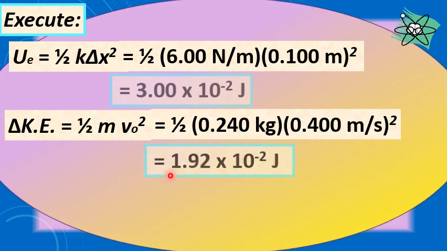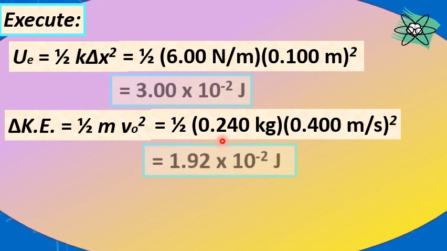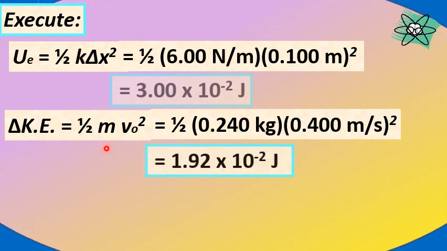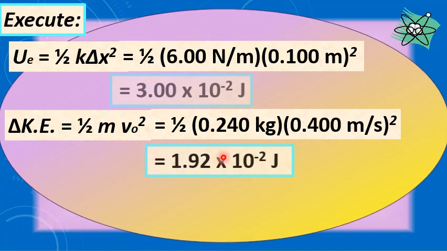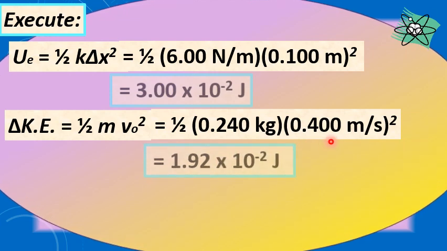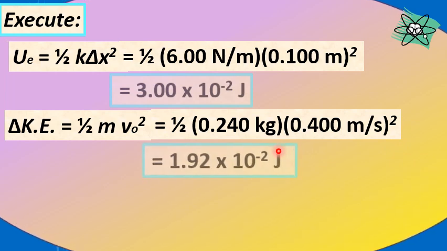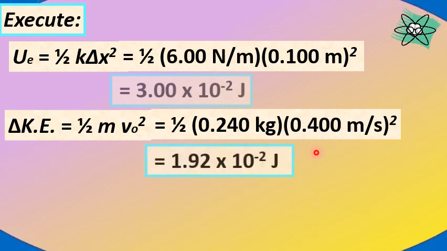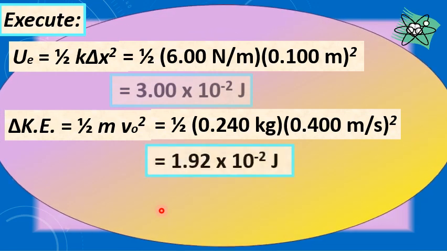So the change in the kinetic energy, if you notice, is just the result of computing for the kinetic energy when the glider was still moving at its initial speed, at x not equal to 0.100 meter, or with an initial speed of 0.400 meters per second, right?